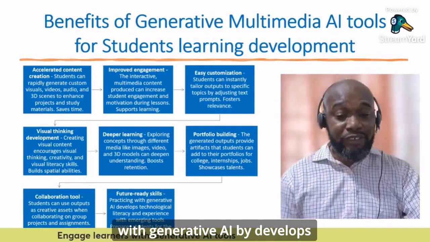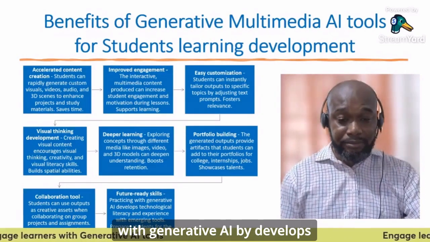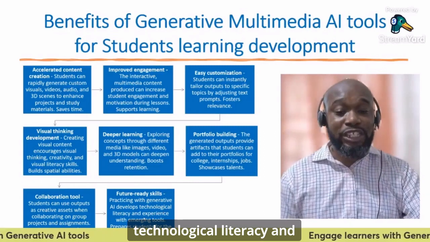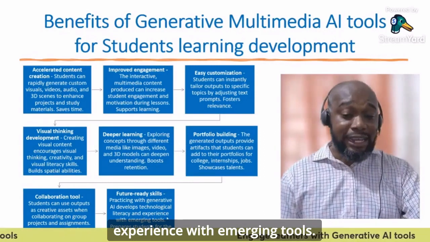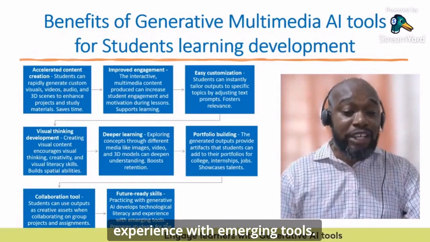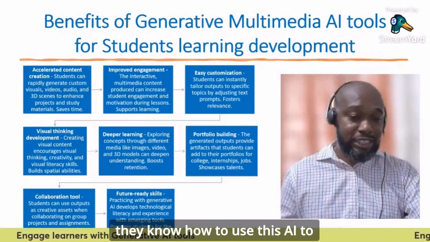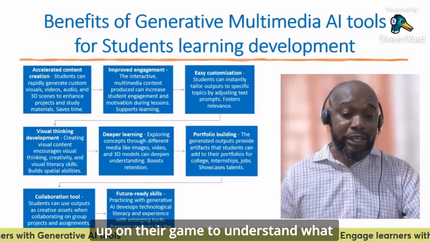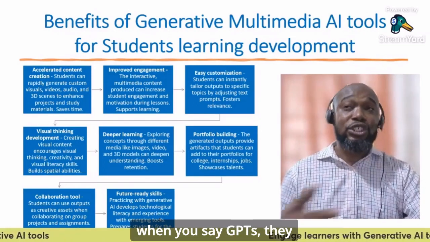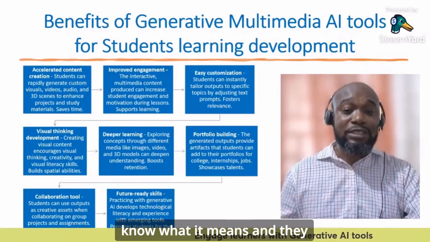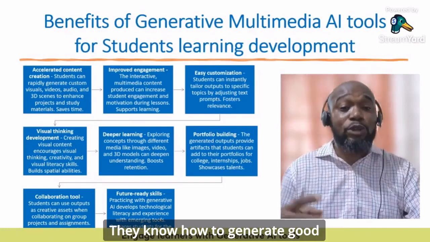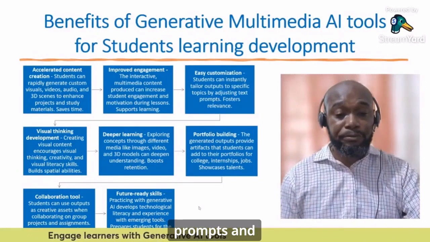Practicing with generative AI develops technological literacy and experience with emerging tools. So they are up on their game when they know how to use this AI. They understand when you say GPTs, they know what it means and they know how to use it. They know how to generate good prompts.